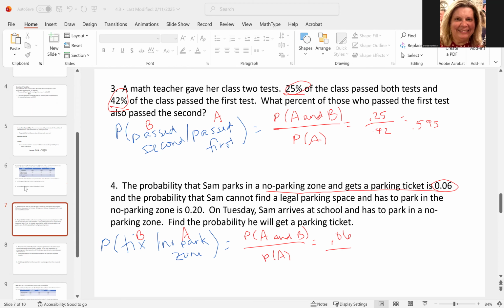The probability that he had to park in a no parking zone is 0.20. 0.06 divided by 0.20 is 0.30. So again, if you have raw data, just do it as a regular probability because you have a new population. If, on the other hand, you don't have the raw data, all you have is probabilities, that's where the formula comes in.